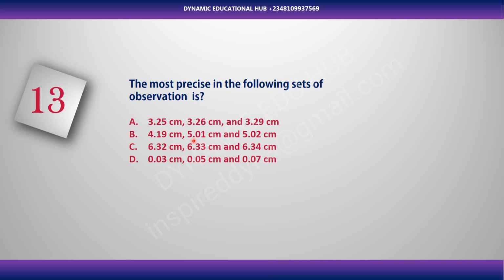When you take a measurement the first time, the second time, the third time, and you are getting the same value, it means that you are precise. What about accuracy? Accuracy is the closeness of the measured value to the actual or exact value. So now let's look at the measurements that seem as if they are repeating.